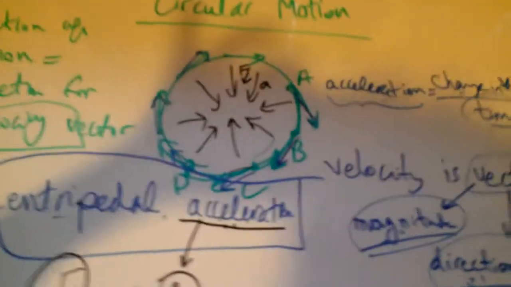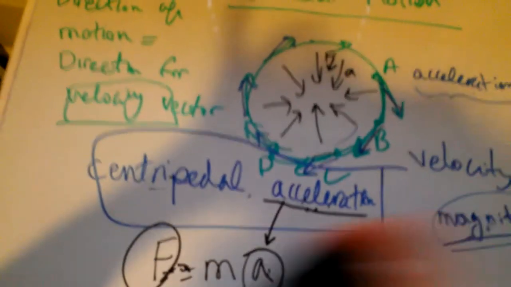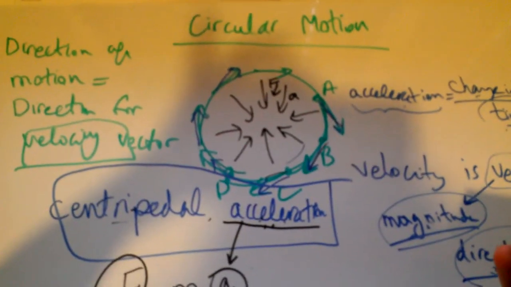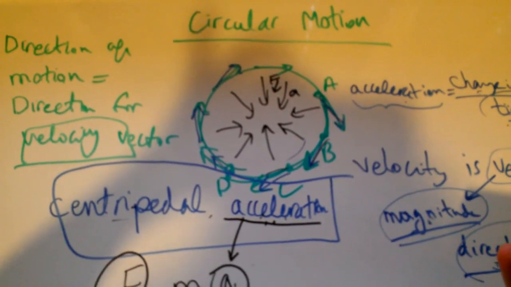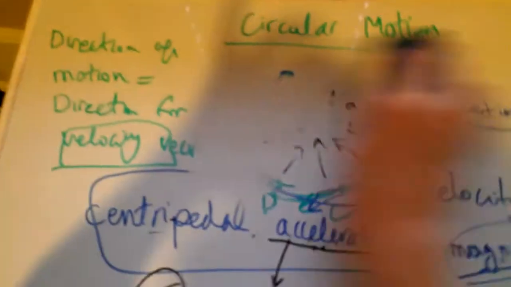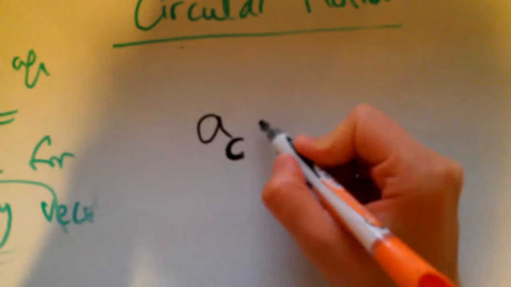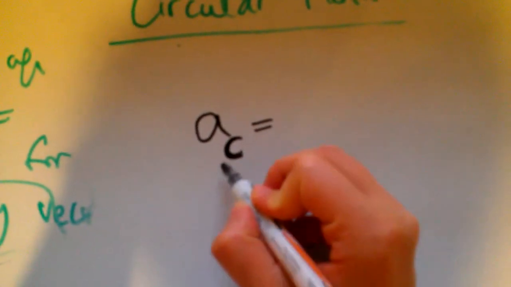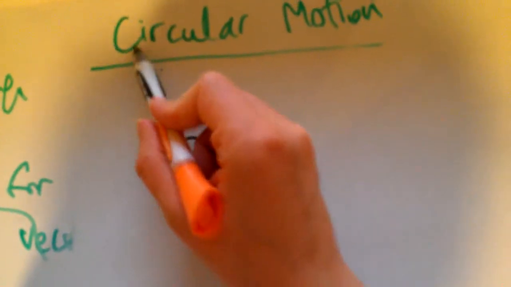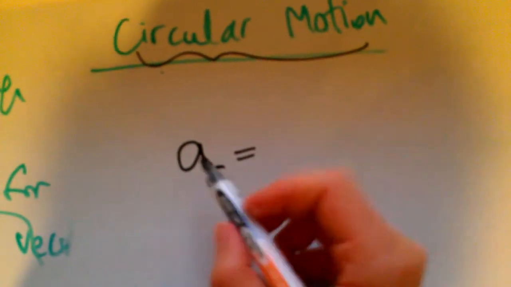Now, I basically defined how circular motion works, but let's see how we calculate these things. If you want to calculate centripetal acceleration, we always have a little c index for it, just to notify that it is for circular motion.